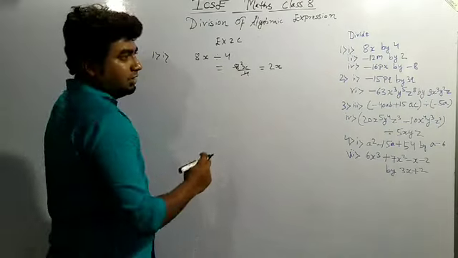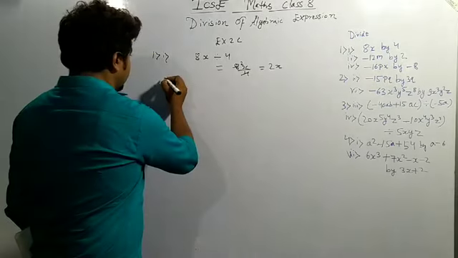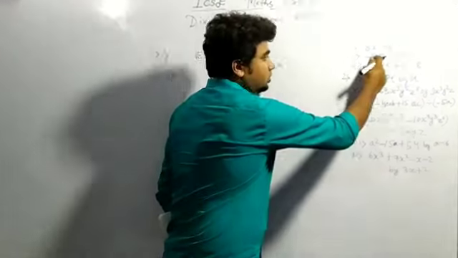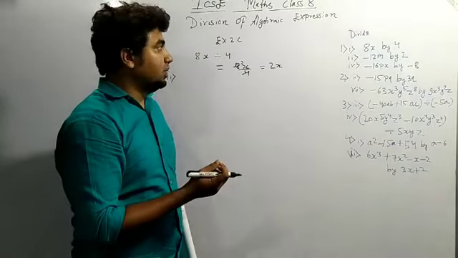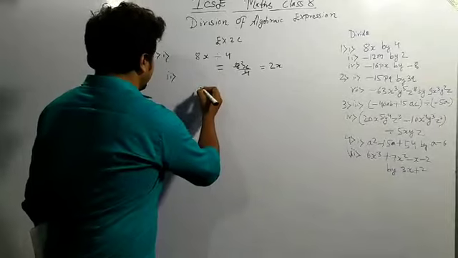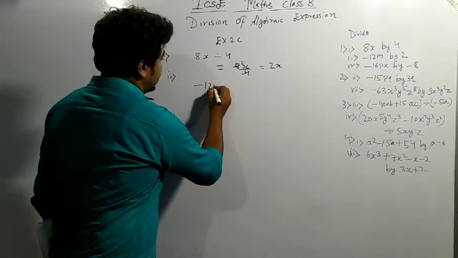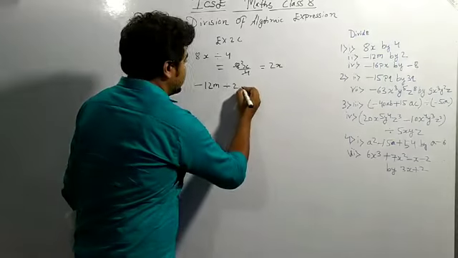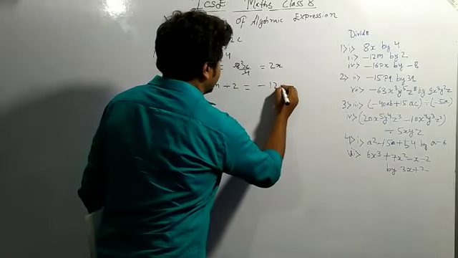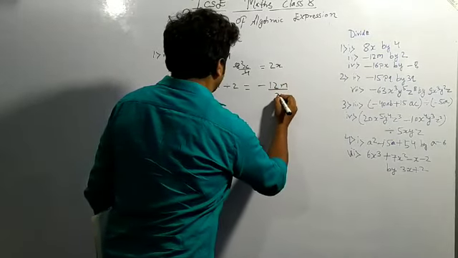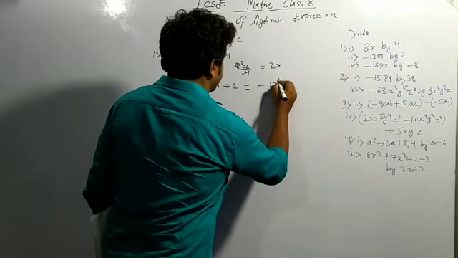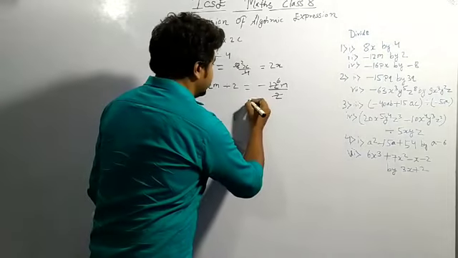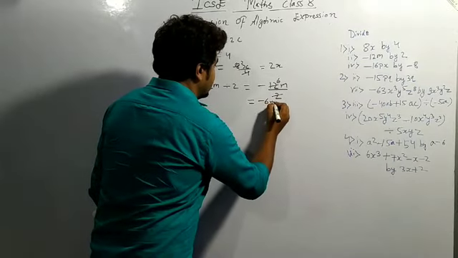Numeric values will be cancelled by numeric values. So this is 1 bit 1. Now 1 bit 2, minus 12m divided by 2. So again numeric values will be cancelled and we are getting minus 6m.